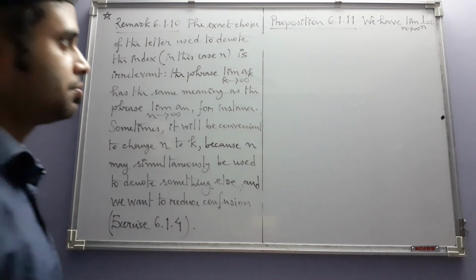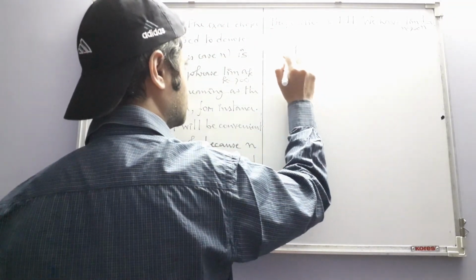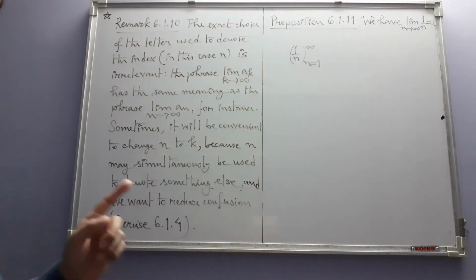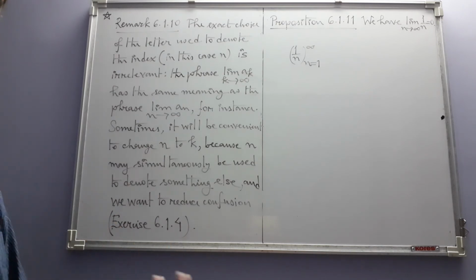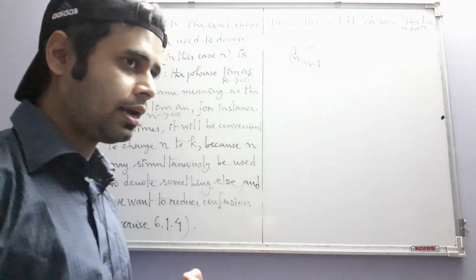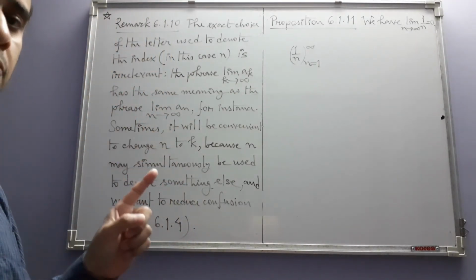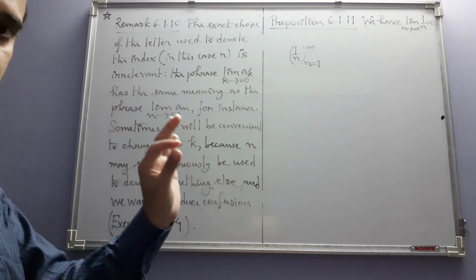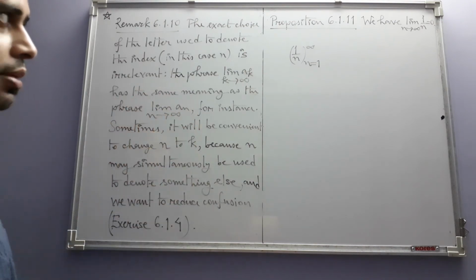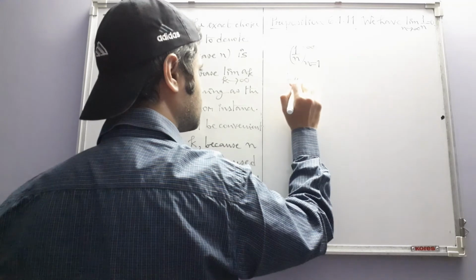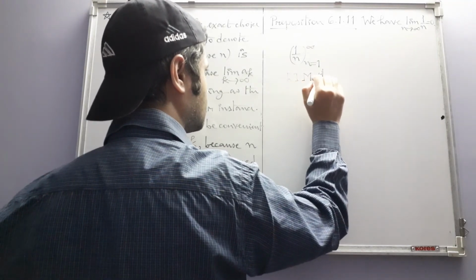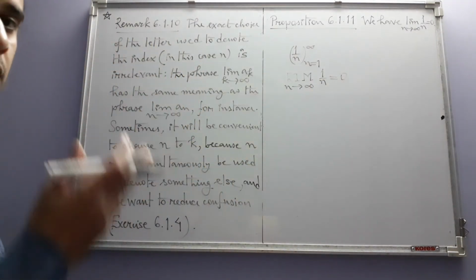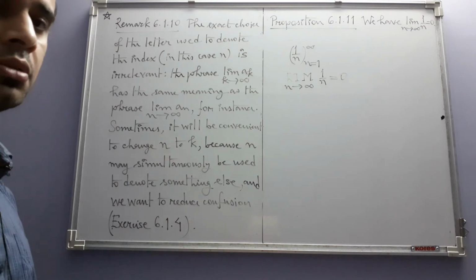Recall that we have already proved that this is a sequence of rational numbers, and we have already proved that this sequence is equivalent to the 0 sequence, where all the terms are 0, and as such both of them have the same formal limit. The formal limit of the 0 sequence is the rational number 0. So that's how we got the fact that the formal limit of this sequence is 0. But now we are going to show that the actual limit of this sequence is also 0.